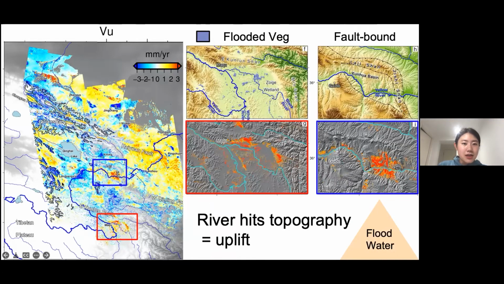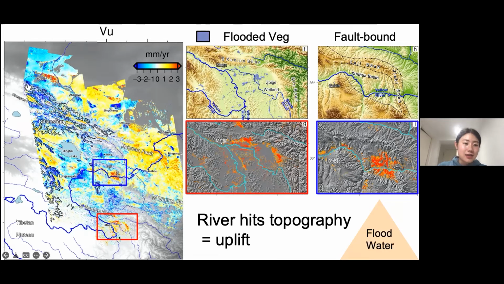So if we zoom in, first of all, this is the Zoige wetland, where the Yellow River coming from the multiple tributaries is bent around because it hits the topography here. And a lot of uplift signals here actually correspond to the flooded vegetation class that we had earlier. So these are the flooded vegetation in this wetland, and they correspond to the uplift signals.